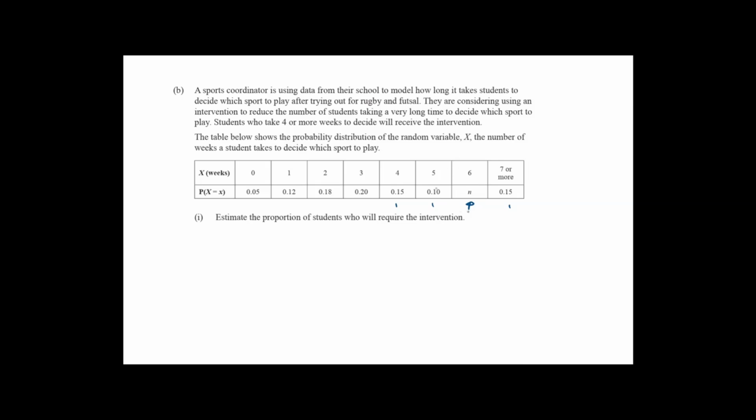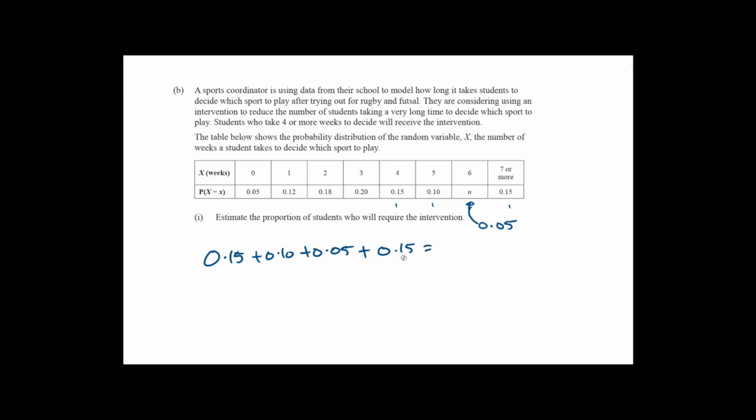So 0.05. Okay. Estimate the proportion of students who will require the intervention. So it's going to be 0.15 plus 0.10 plus 0.05 plus 0.15. 15% of students take more than 7 weeks to decide the sport.